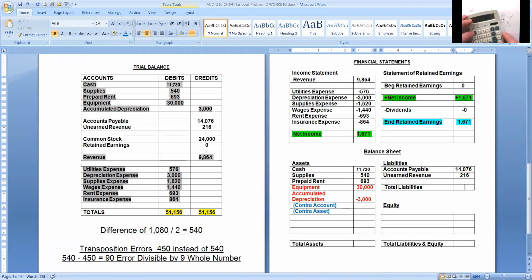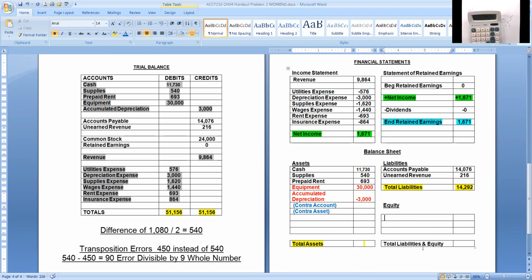Oops, good here. 40,076 plus 216, 14,292. Oh, I never totaled up the assets. I'll do that later.